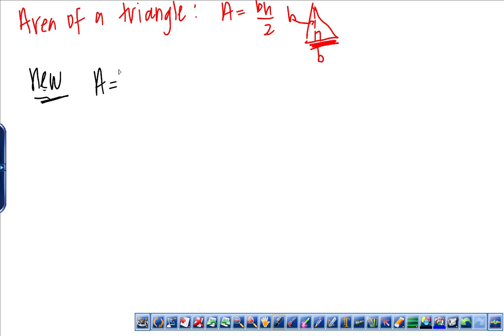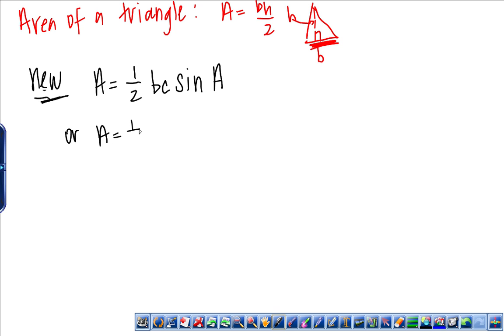So I'm going to say area equals 1/2. It depends on what angle you're looking for. I'm going to say side B times side C, and I'm going to say sine of angle A. Okay? Now remember I can change this up.